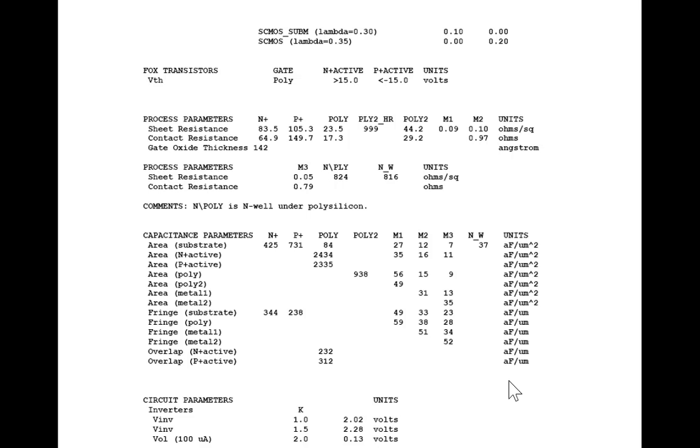There's one thing here that's very interesting. One of the capacitance densities is higher than anything else, and that's this right here: substrate to poly. When it's substrate to poly over thin oxide, you form your transistors.